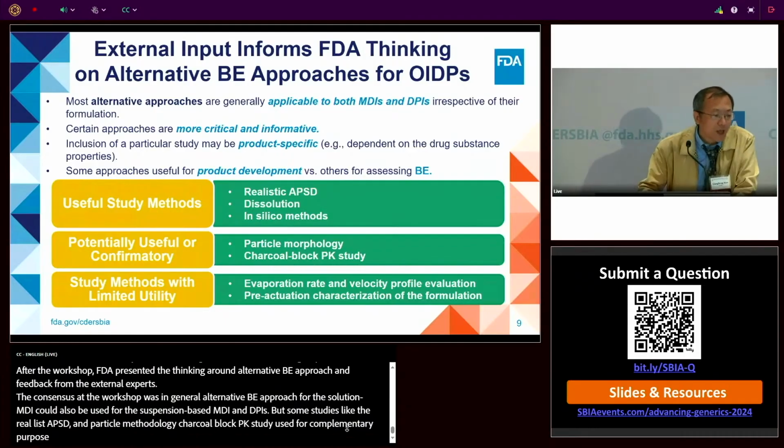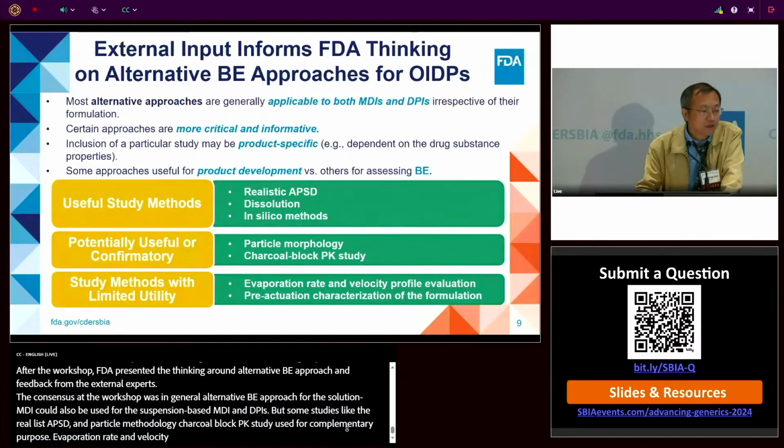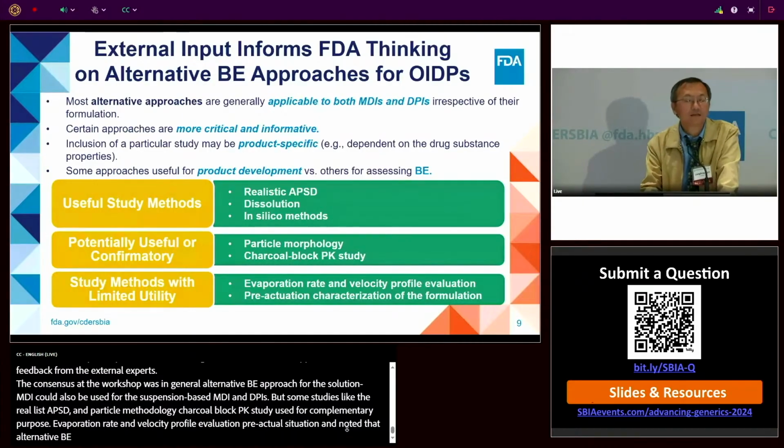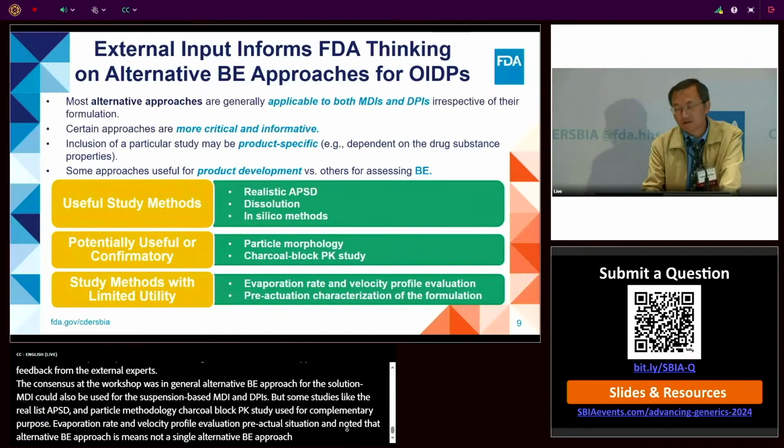Evaporation rate and the velocity profile evaluation, pre-actuation characterization of the formulation have limited utility. It should be noted that the alternative BE approach is product specific. That means there is not a single alternative BE approach that works for all the products.